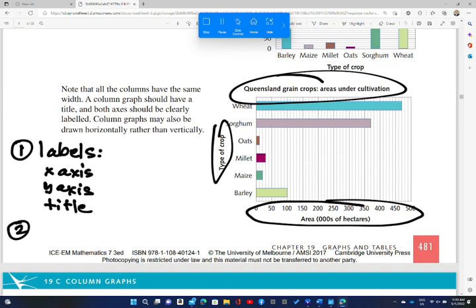Also, the second thing you need to do is determine an appropriate scale. If you notice, this is the same graph that they just did, but they did it sideways. That doesn't matter. Which direction you put it doesn't make any difference. But you need an appropriate scale. Since this one went up to 470 but started way low, we needed a scale that represents all of those, so they used 0 through 500.